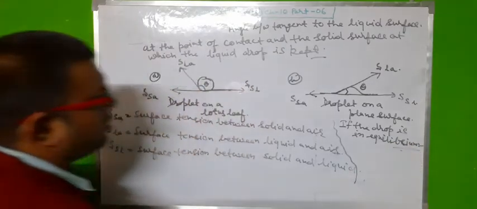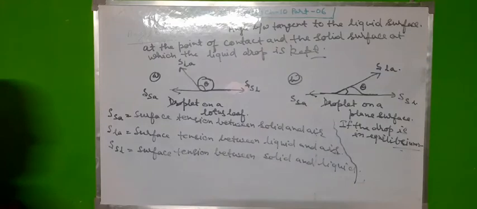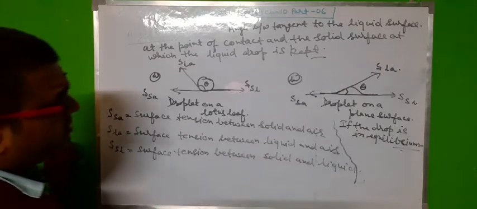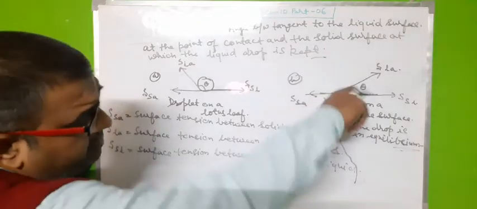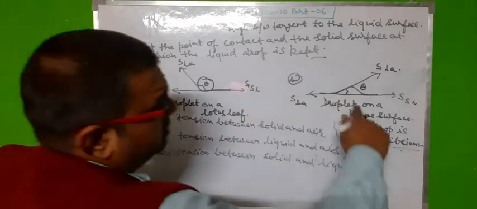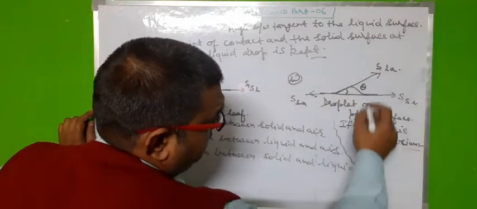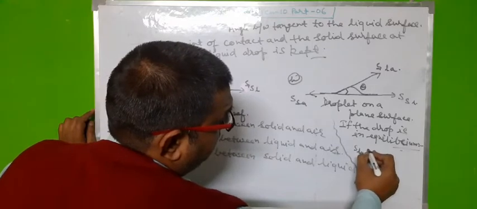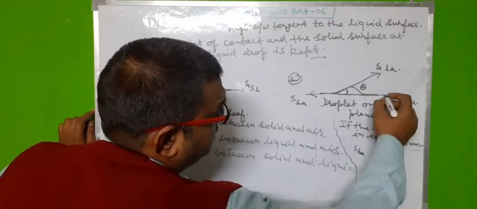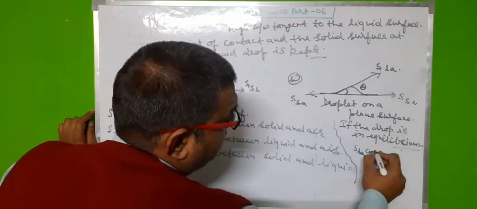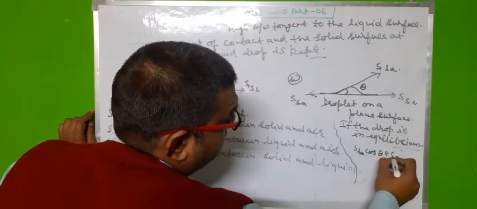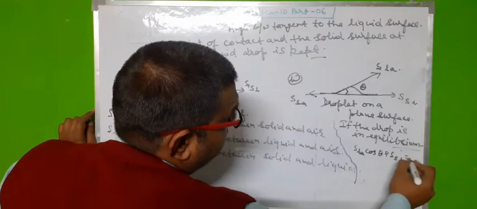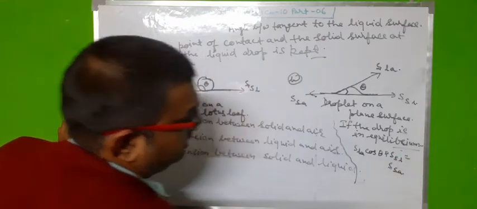If the drop is in equilibrium, then the net force is equal to 0. So we can say that the component of SLA along this side is SLA cos theta, plus SSL is equal to SSA.